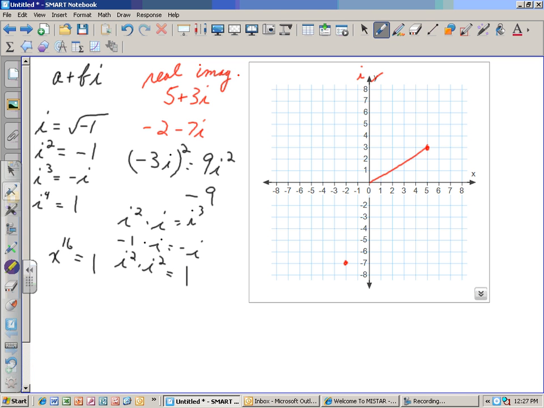I'm a little confused about the i cubed too, because if you had negative i... no, i squared equals negative 1. Correct. And negative 1 times i is negative i. So you have i squared, which is negative 1, and you multiply it by another square root?